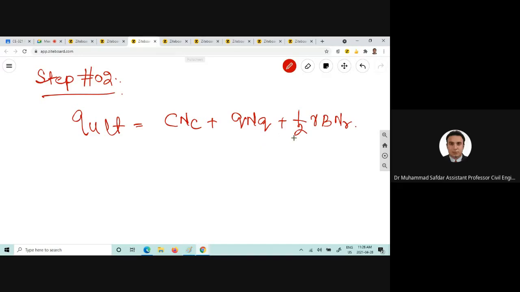Okay, now C is equal to 0, so this term will become equal to 0.